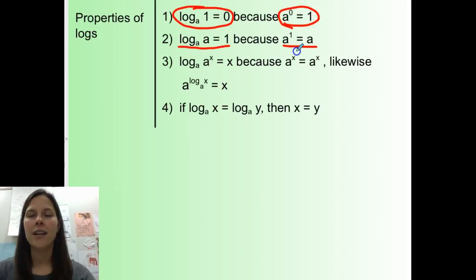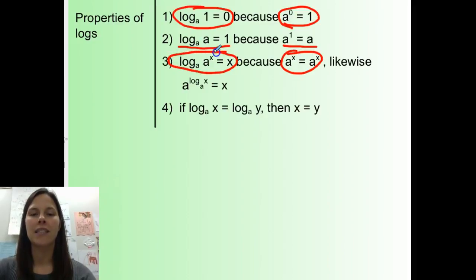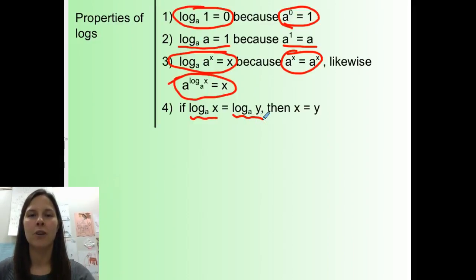Our next one, because a to the x power is a to the x power, log base a of a to the x power simplifies to x. You could rewrite it in exponential form as well. And finally, if two logs have the same base, then what you're taking the log of must be equal.